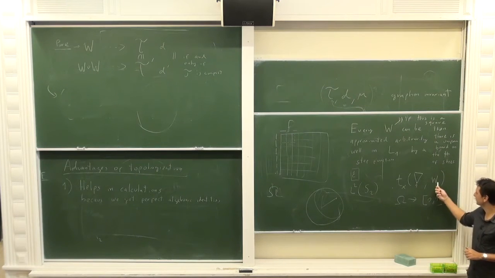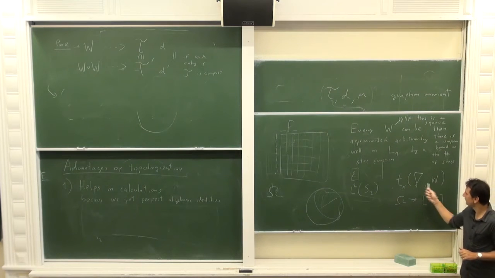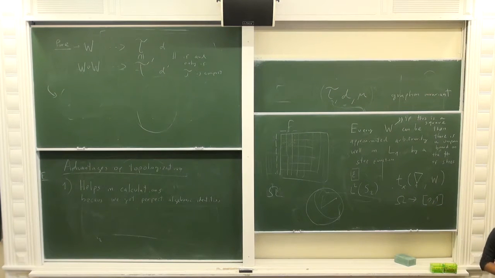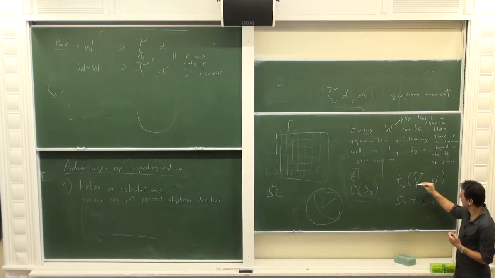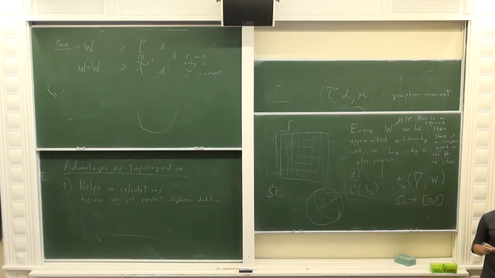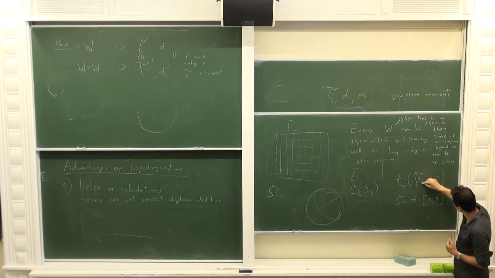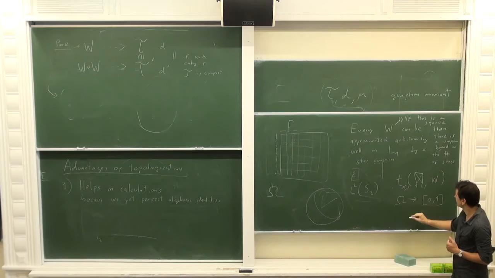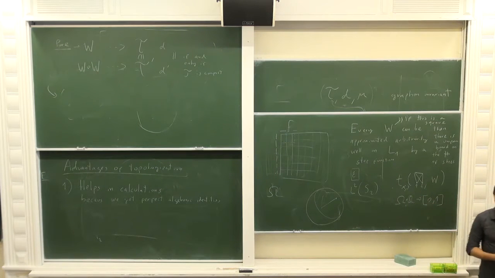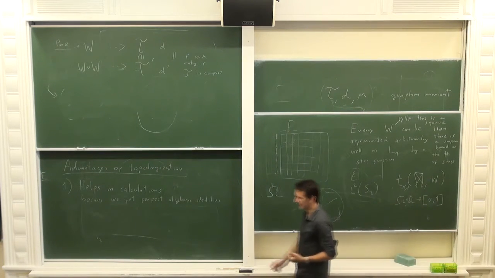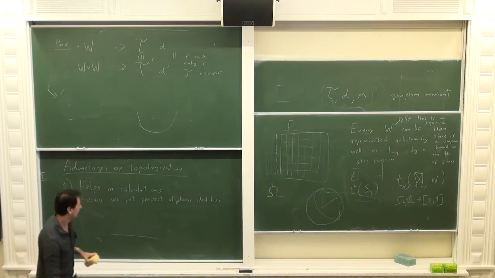Now if the graphon is pure, then we know that this function is continuous on the underlying topological space. And since it is continuous, if it is constant almost everywhere, then it has to be constant everywhere, for example. It is also true that if you introduce two labeled points that are not connected, then this p_xy is a continuous function on omega cross omega. And so on. These continuities are really useful in the calculations.